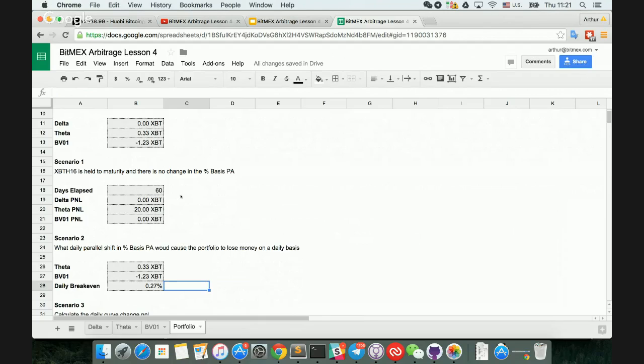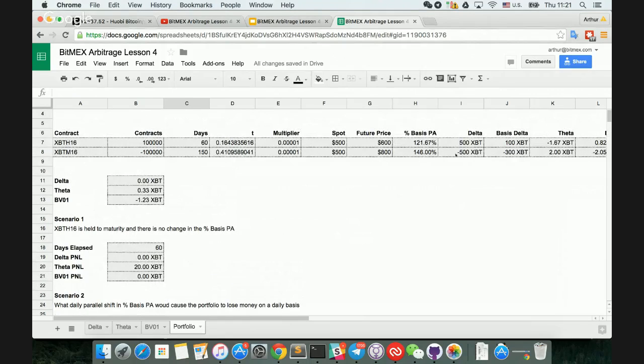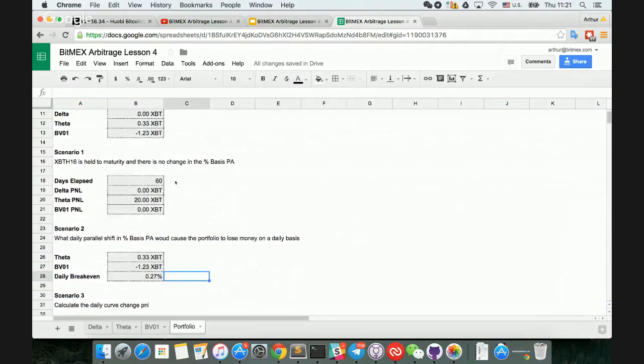Why does that matter? All of these trades are leveraged, i.e. we're not putting up the full amount of money that each one of these contracts is worth. So we have to be very cognizant of situations that could cause our P&L to possibly lead to a margin call situation on BitMEX.